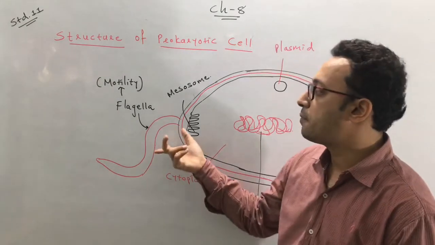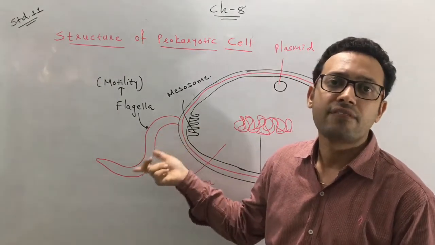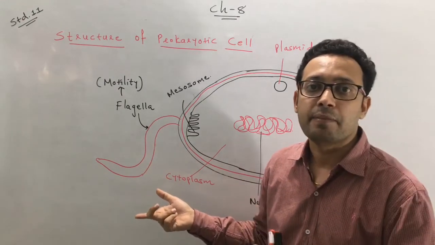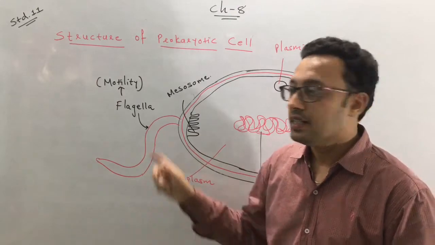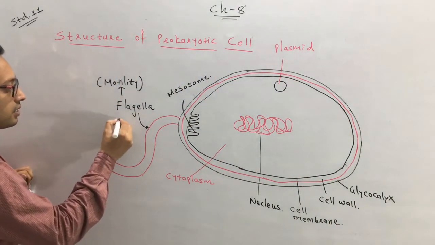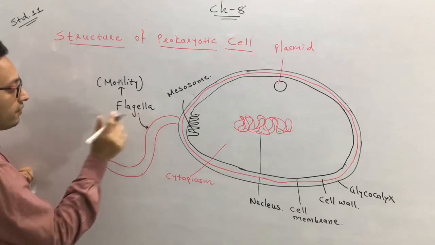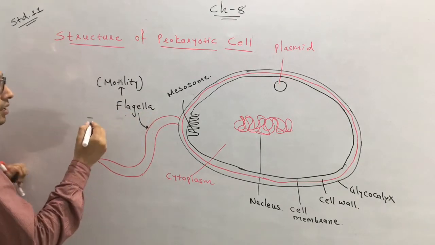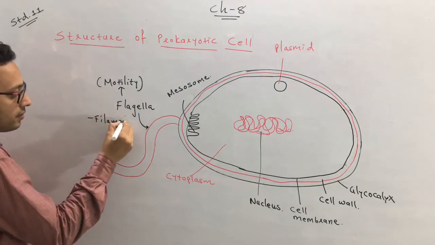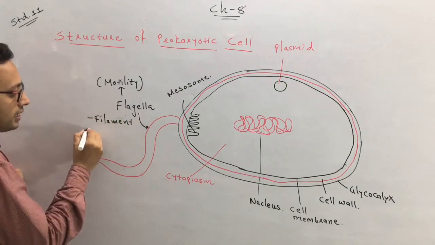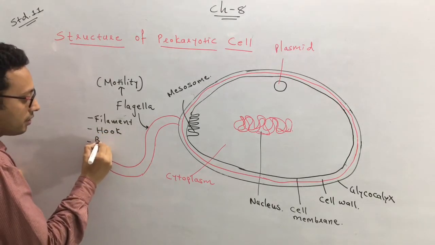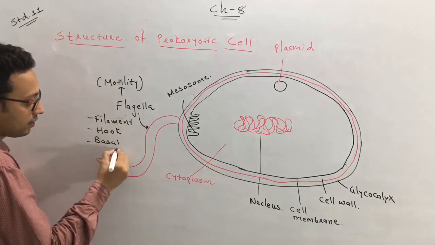So based on the presence or absence of flagella, the bacteria can be either motile or non-motile. The flagella consists of three parts. These are the three components you can find in a flagella. Which are they? They are filament, second one is hook, and the third one is basal body.